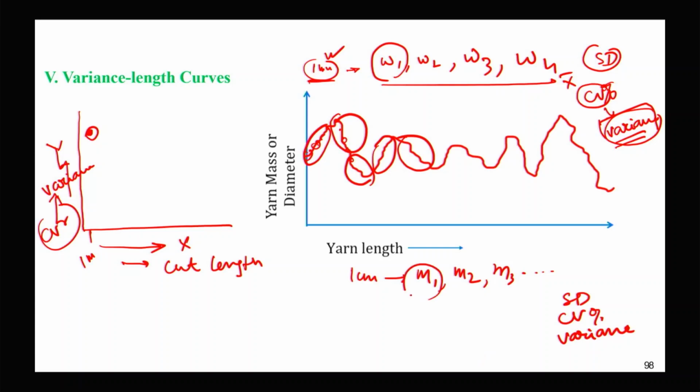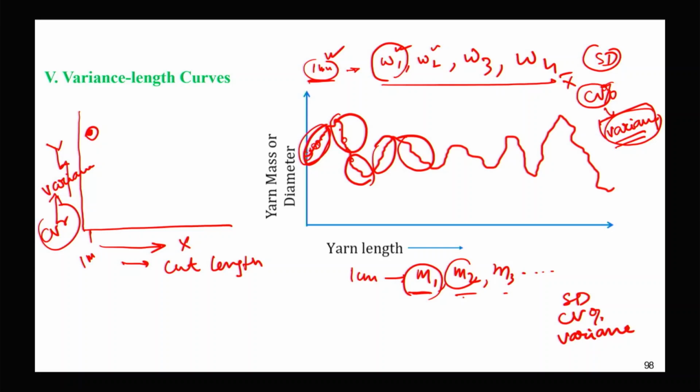Although this mass will be more than for the 1 millimeter cut length, in 1 centimeter we are actually averaging out the variability within it. We are not taking into consideration the variability within 1 centimeter. So M1, M2, M3 are the average values of the ten 1 millimeter pieces.